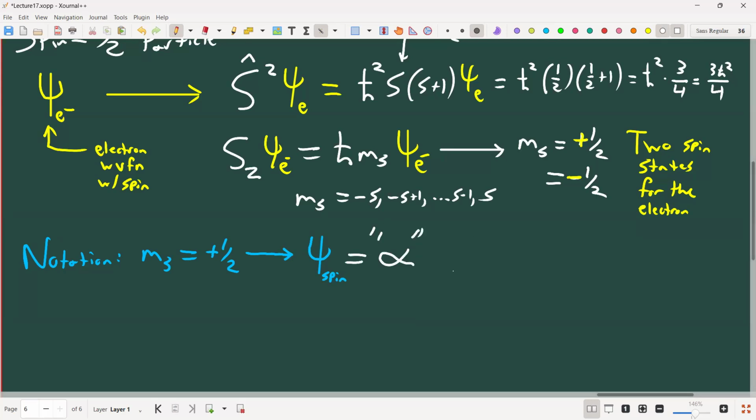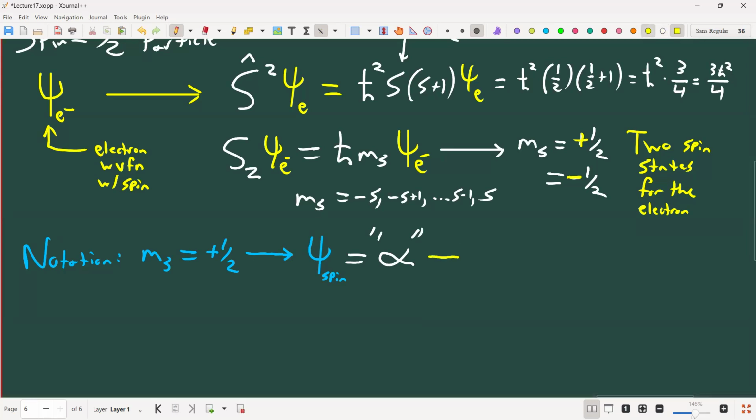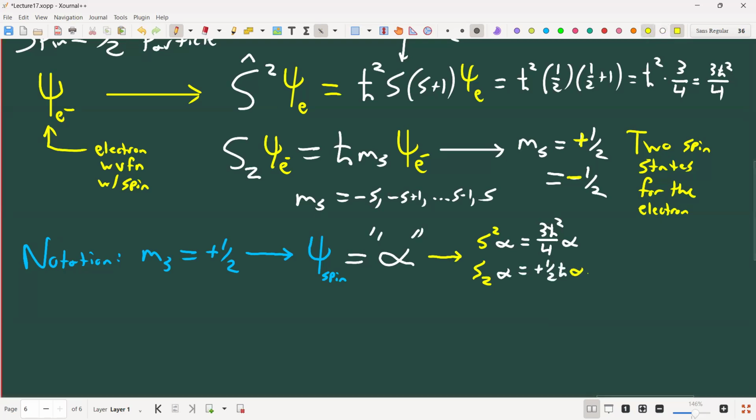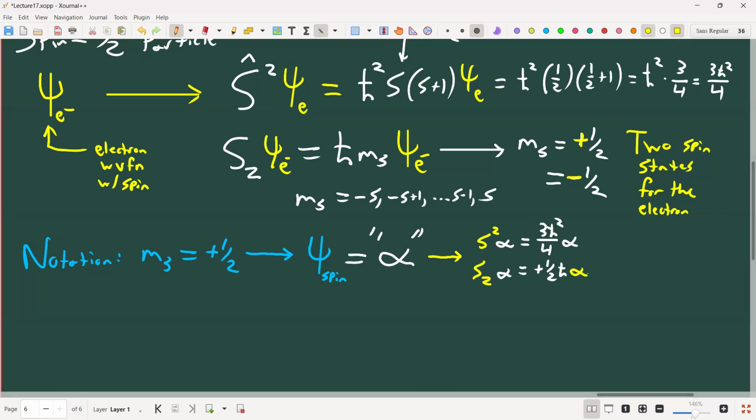Alpha is defined so that S squared of alpha gives you 3 h bar squared over 4 alpha, and S sub z of alpha is equal to plus 1/2 h bar alpha.